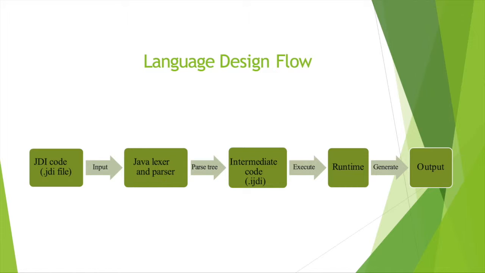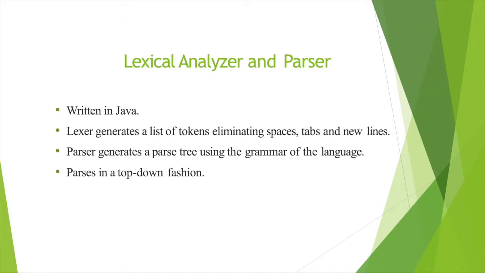It generates the .igdi file, and then it is executed in the runtime, which generates the output. We have used ANTLR and Java to build this language, and we are using a top-down parser to generate the parse tree.